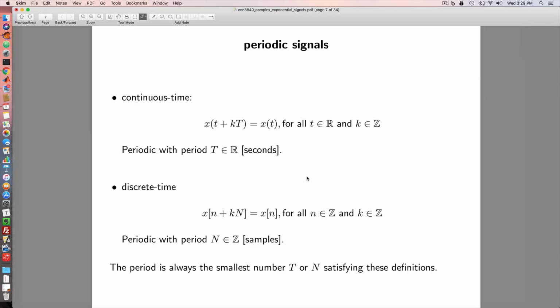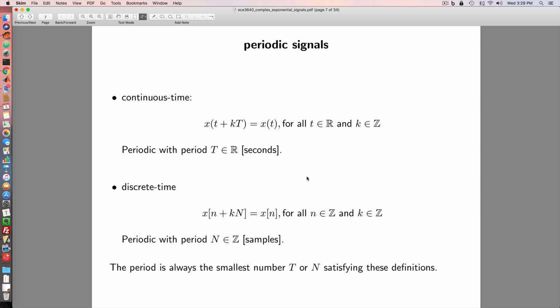Okay, so what I'd like to do next is shift gears and talk about continuous time complex exponentials and discrete time complex exponentials. It's surprising how different these two functions behave. By this point in your education, you've probably become very familiar and comfortable with continuous time complex exponentials, and you understand their properties.